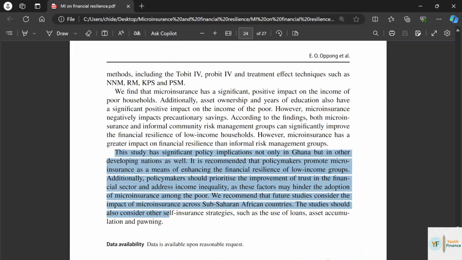Furthermore, policymakers should prioritize the improvement of trust in the financial sector and address income inequalities, as those factors may hinder the adoption of microinsurance among the poor. And the conclusion section ends with proposing the upcoming studies.